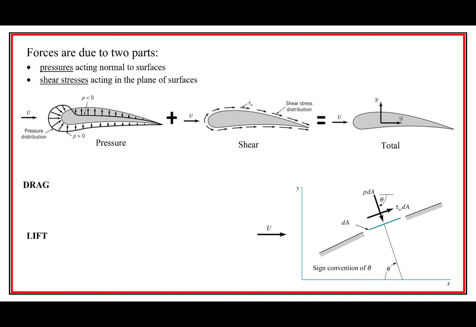Pressure can be negative as well as positive, and the negative pressure on the top is one of the elements producing lift right here. You can also see there's pressure on the front, and that pressure aspect is producing drag. We might not mostly associate shear with lift, but actually shear can produce some lift.